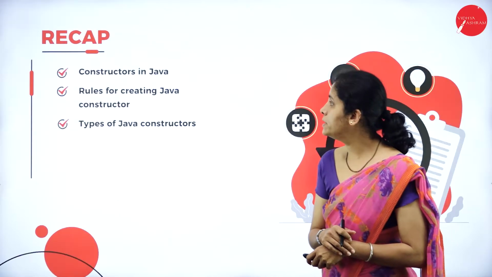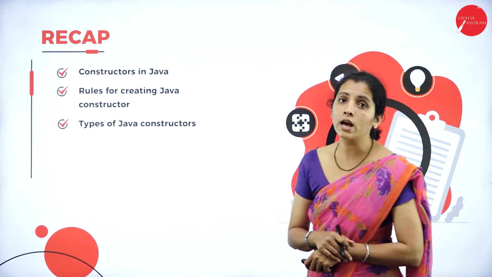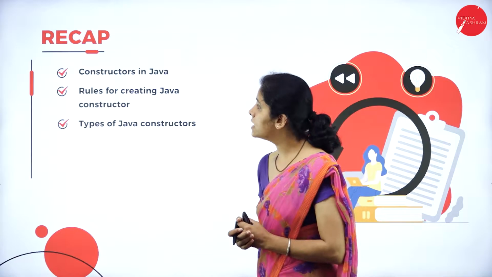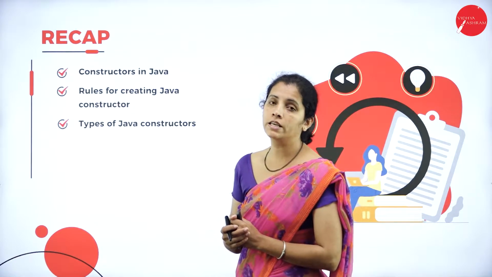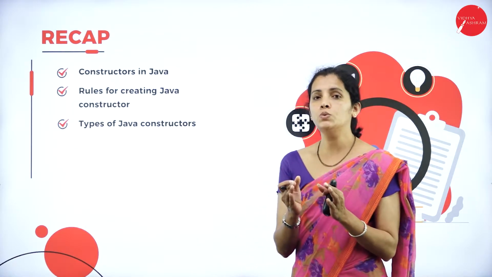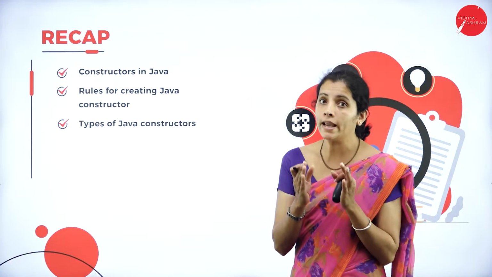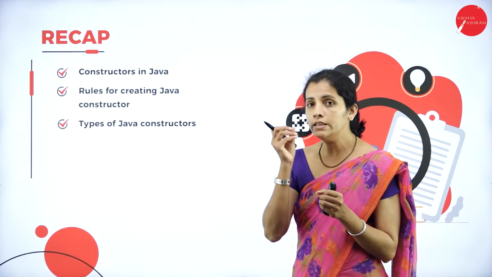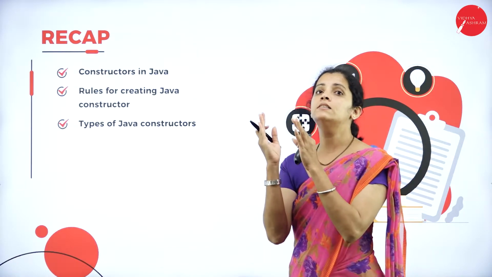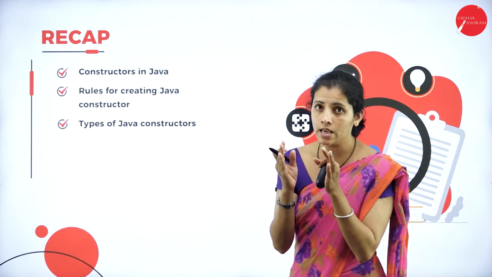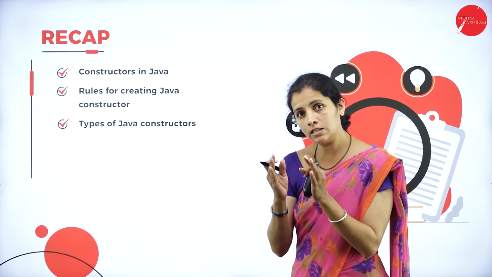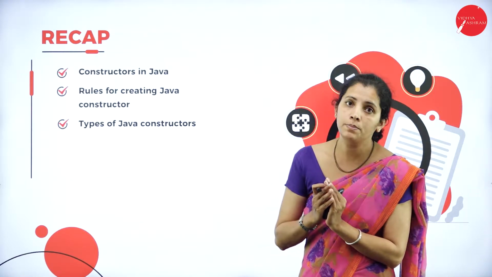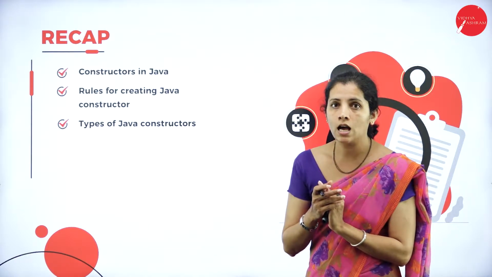Before that, let me recall the topic I discussed in my last session. I started with constructors in Java. When you encounter the keyword constructor, the constructor name is the same as the class name. Whatever constructor I define, its name must be the same as the class name.